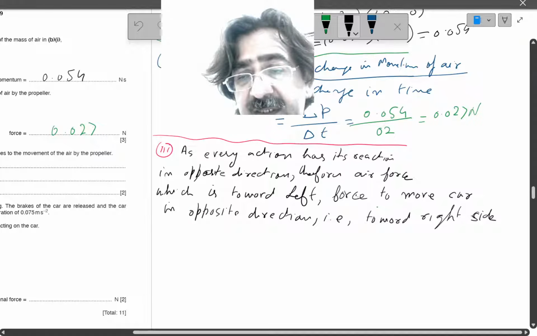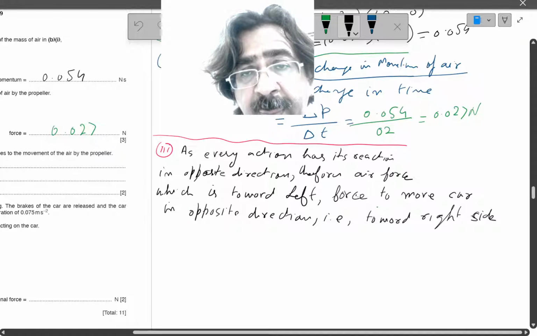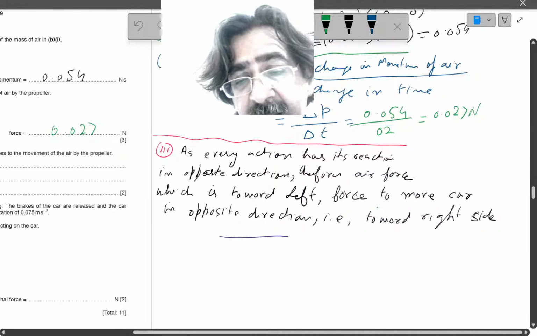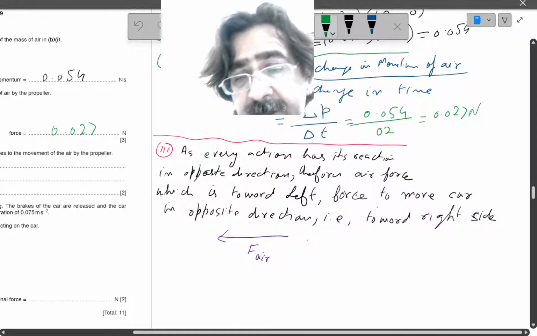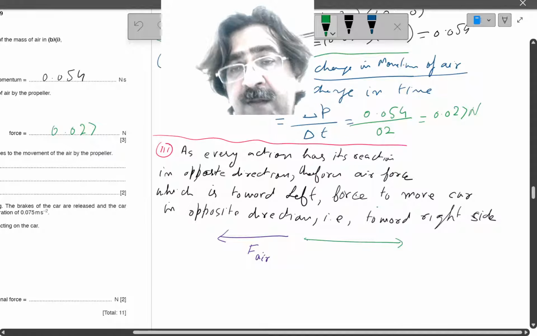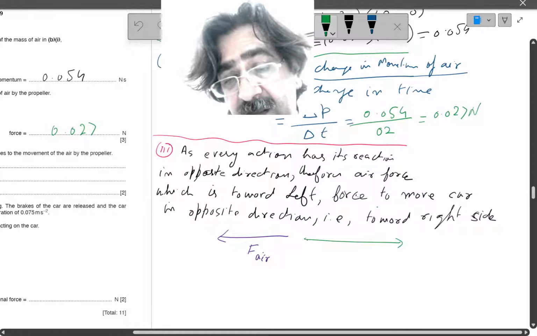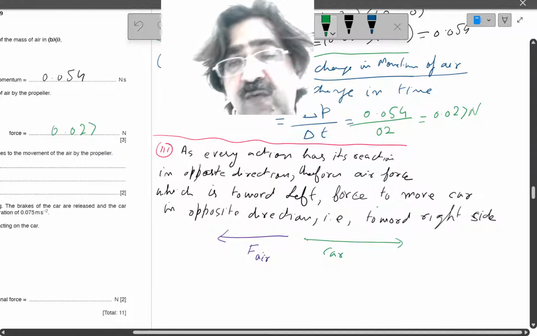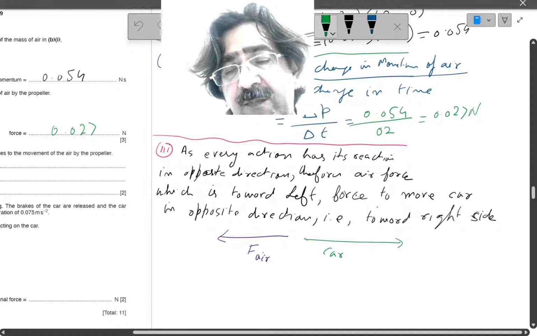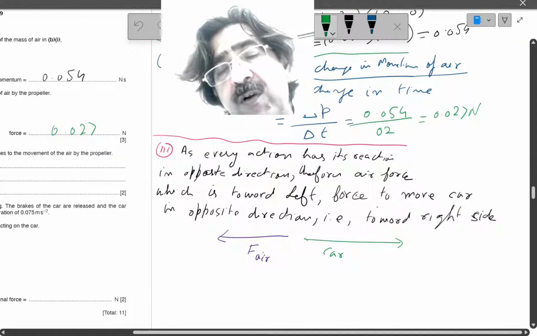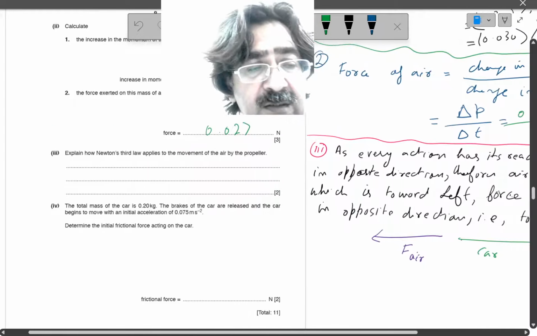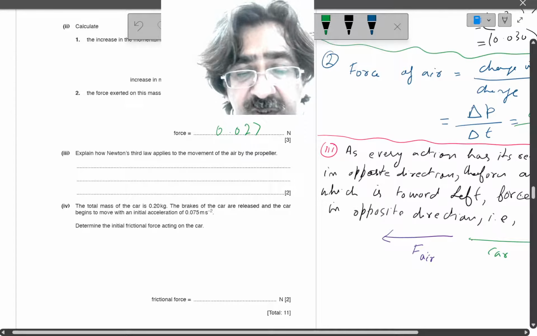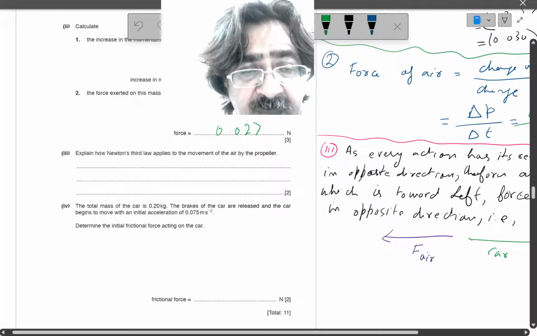You may say that if the air force is in this direction, then it will force the car to move. It is not necessarily that the car will start motion, but it will force the car to move toward the right direction. So that is about Newton's third law.